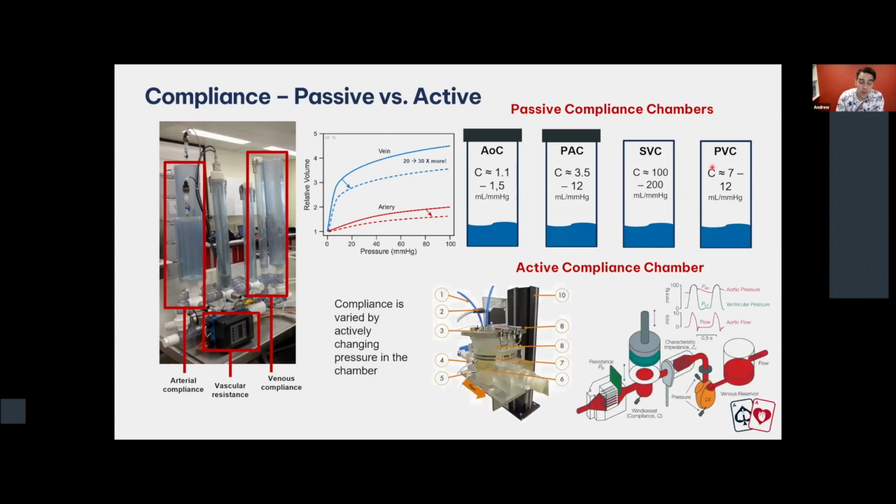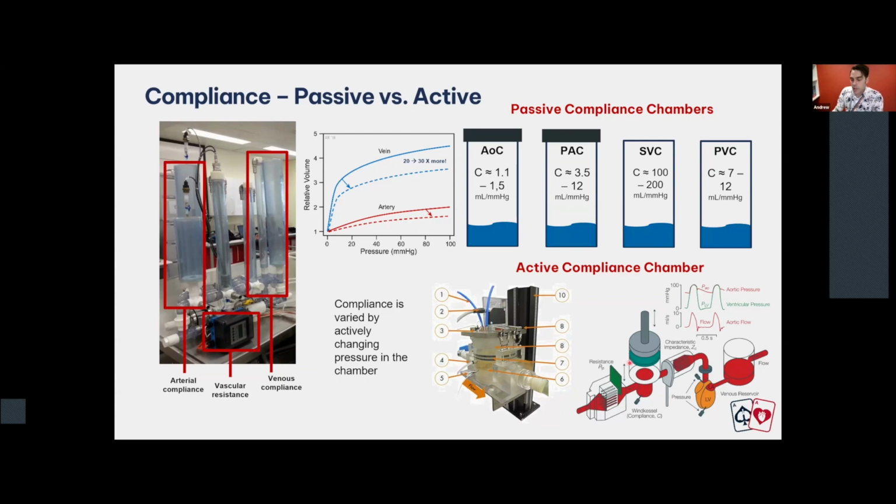You can also implement what's called an active compliance chamber. An active compliance chamber is varied by actively changing the pressure in the chamber. So this one here, air can be blown into the chamber either to a fixed level or it can be changed during the heartbeat to do waveform shaping of the aortic waveform. And air can be released through this port here to reduce the volume of trapped air in that chamber.